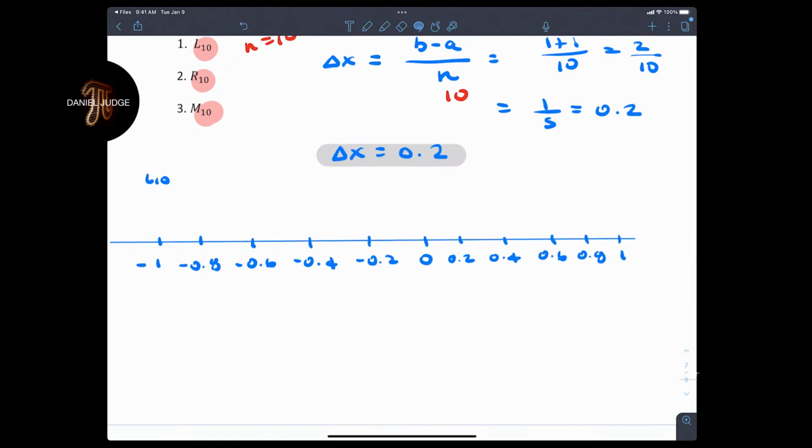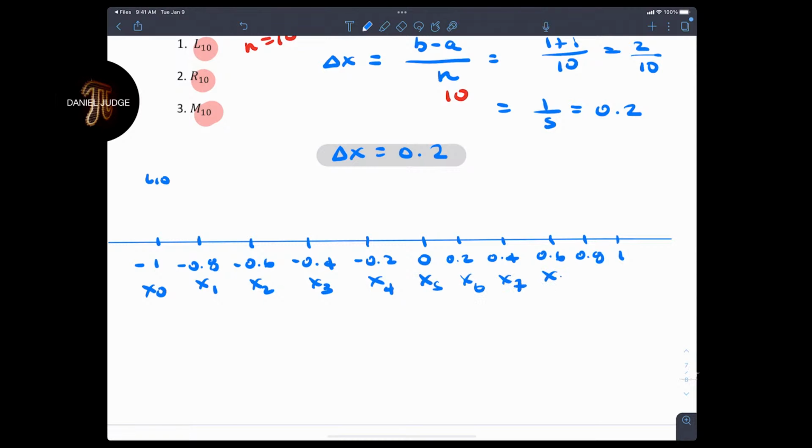So let's move everything here so it kind of looks somewhat presentable. So this is for L10. Now this is going to be my x0, x1, x2, x3, x4, x5, x6, x7, x8, x9, and x10.